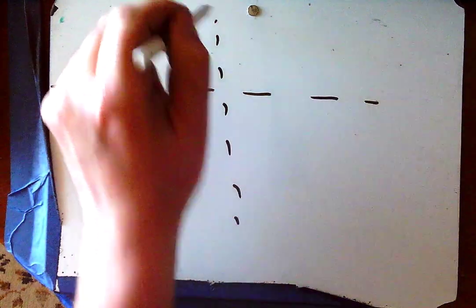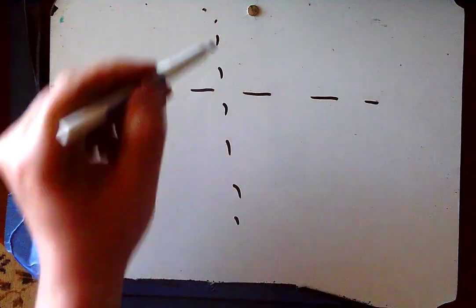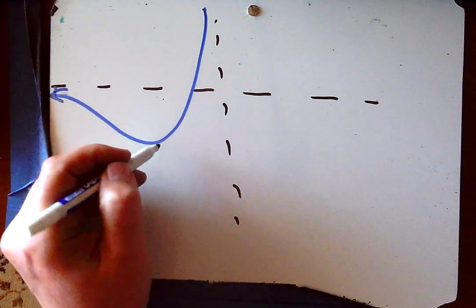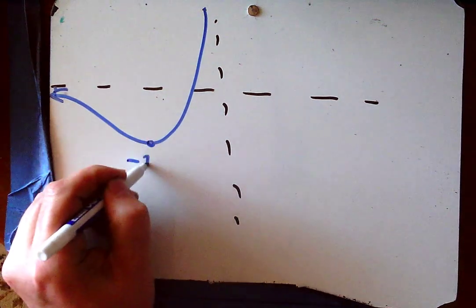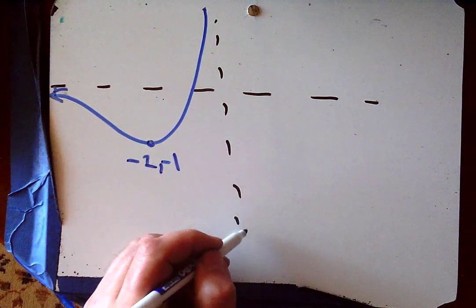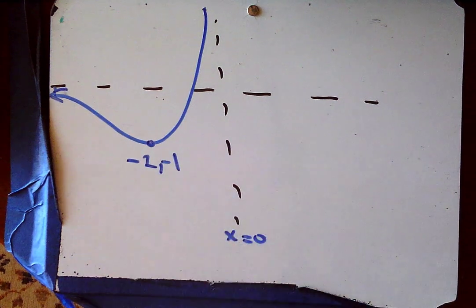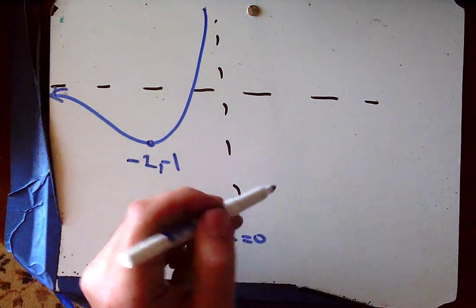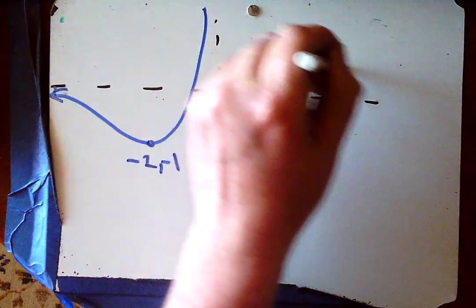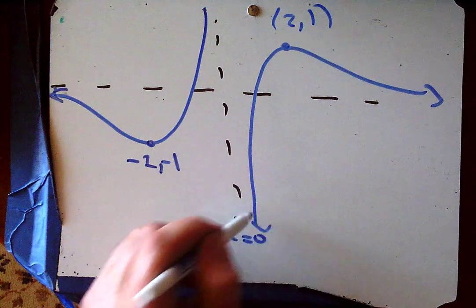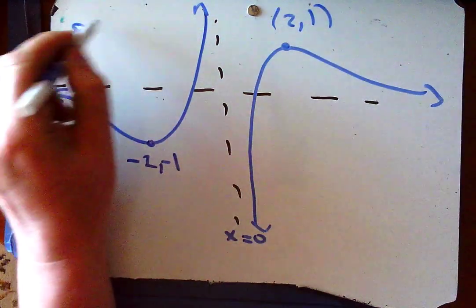My f of x looks like this. This point is -2, -1. This is x equals 0. And I've got some graph here. This is 2, 1. So here's a function f of x.